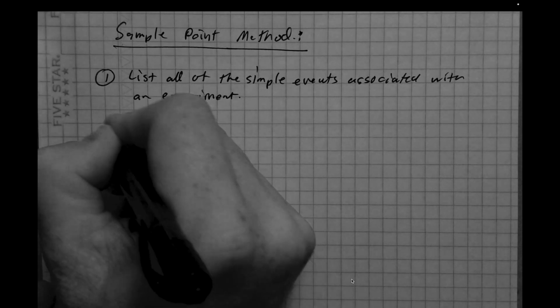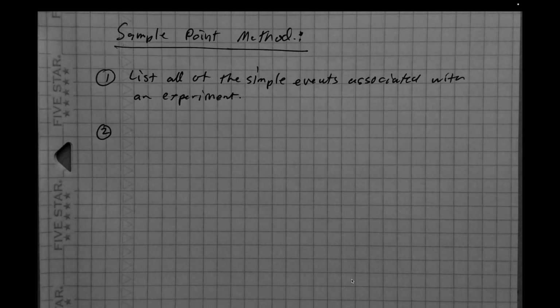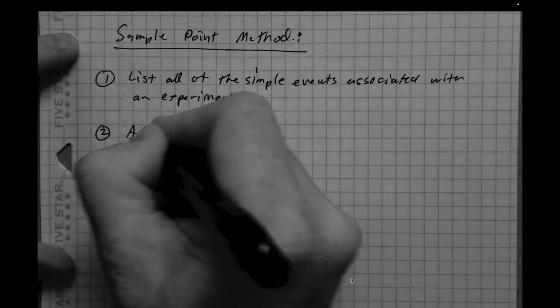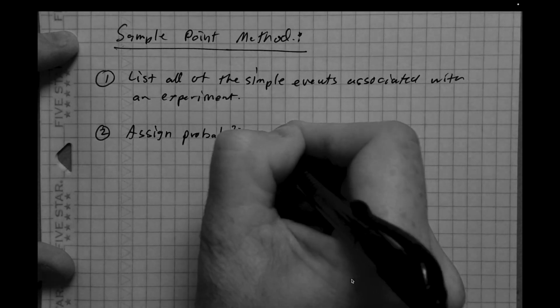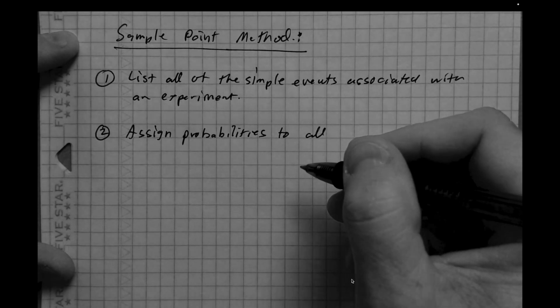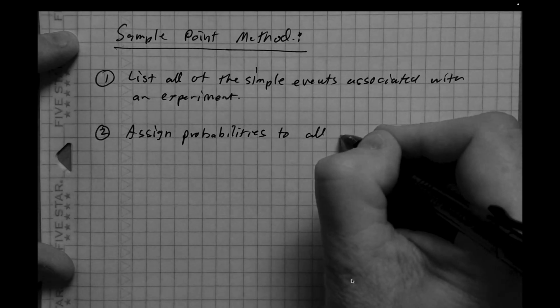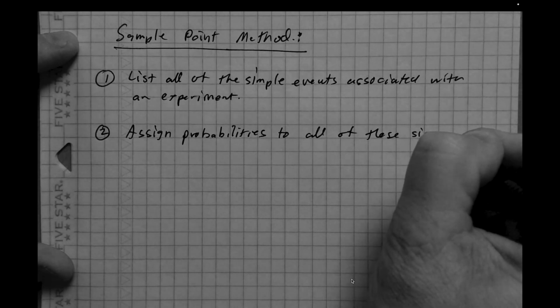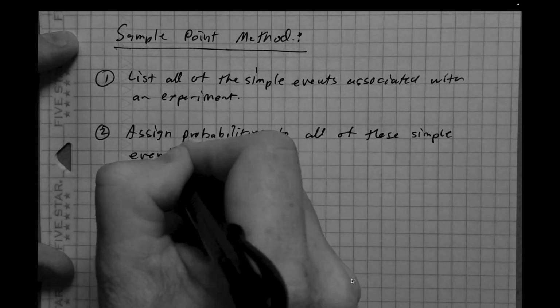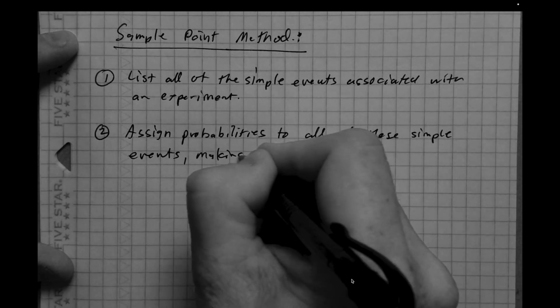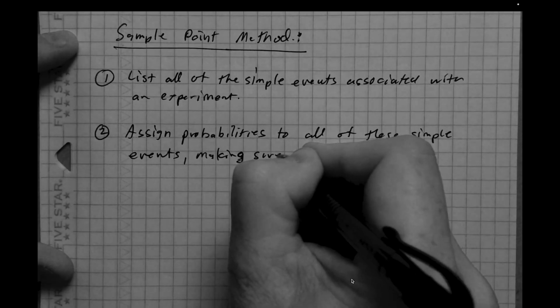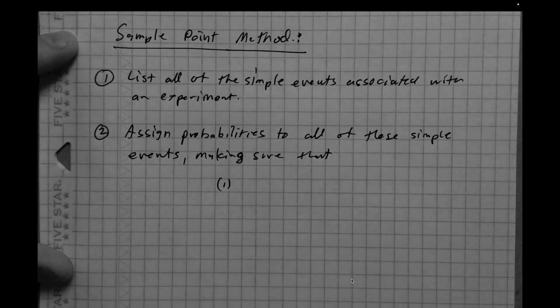Okay, so once that's done, what do you do? Well, the next thing to do, once you have all of these simple events, is to assign probabilities to all of these simple events. And of course, we want to make sure that the rules of probability are adhered to.